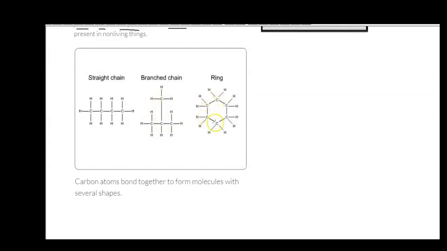Carbon, carbon, carbon, carbon, carbon, carbon, with H's coming off of all the carbon. Because carbon can form straight chains, branched chains, and ring structures, it can form many, many molecules with several shapes.